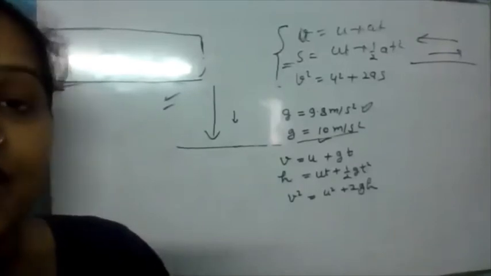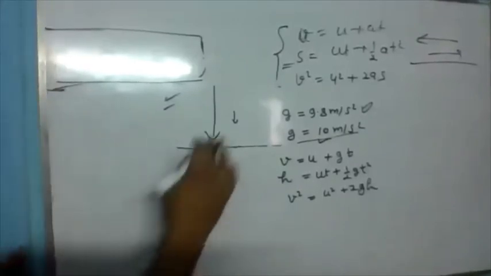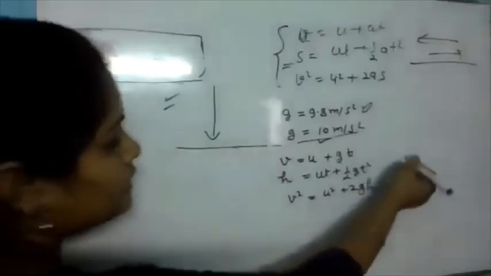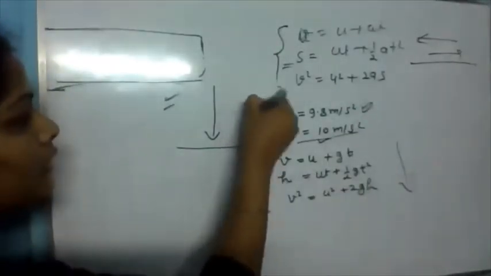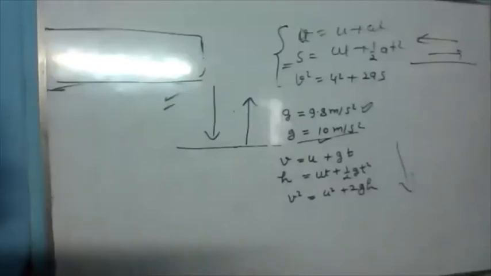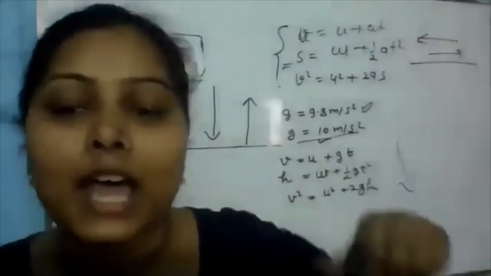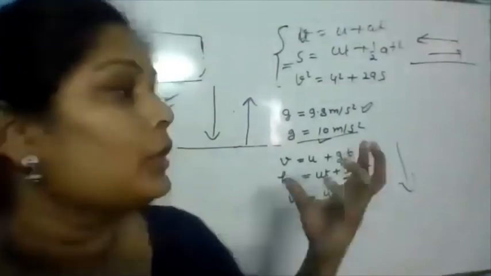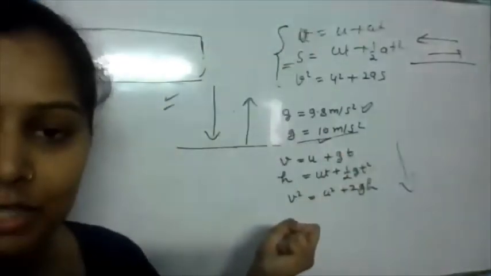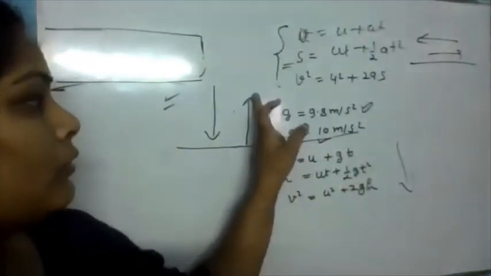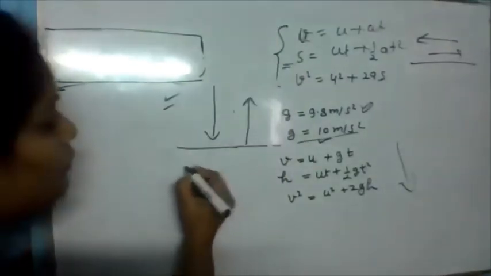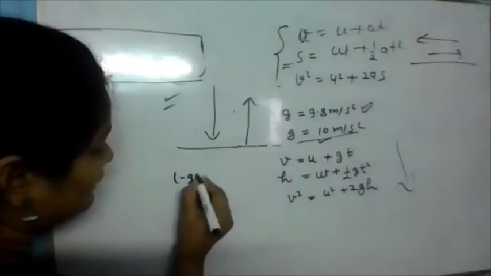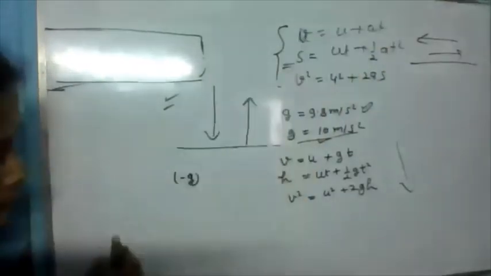And this is for the downward situation. Whenever any body is going in the upward direction, that means we are doing work against the gravitational force, because the gravitational force wants to attract the body and we are doing work to take this body upward. So we will use minus g in the place of a.